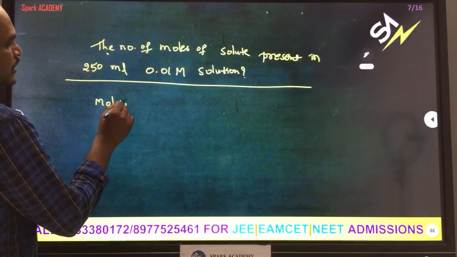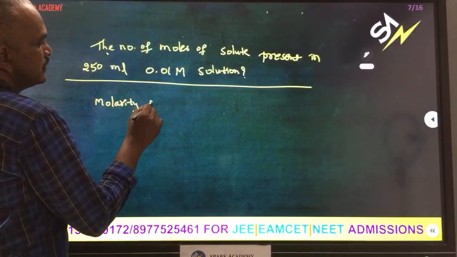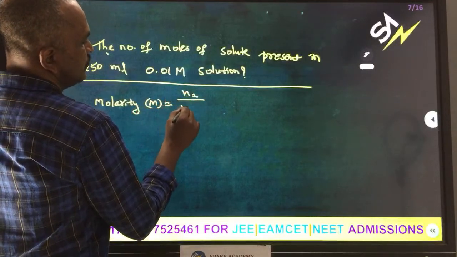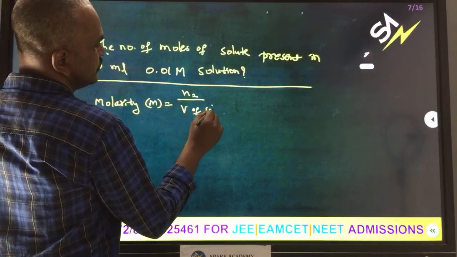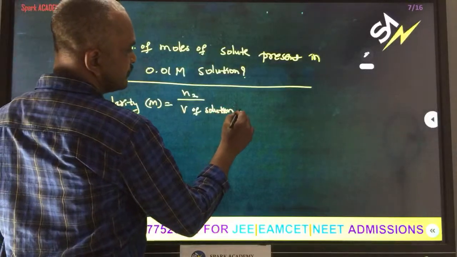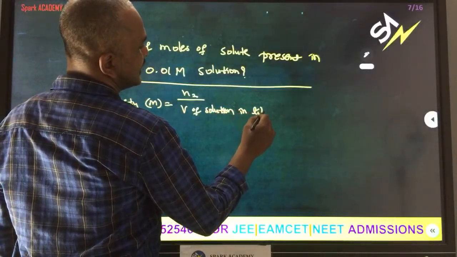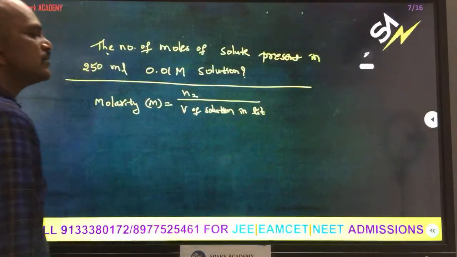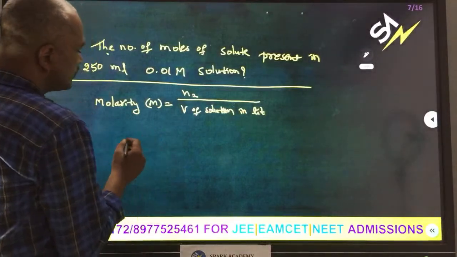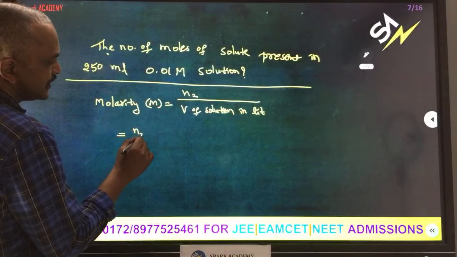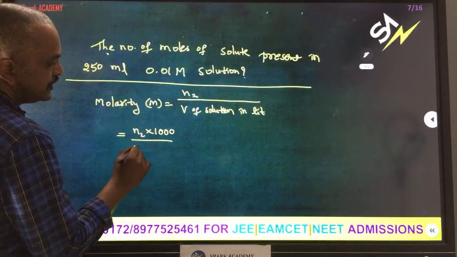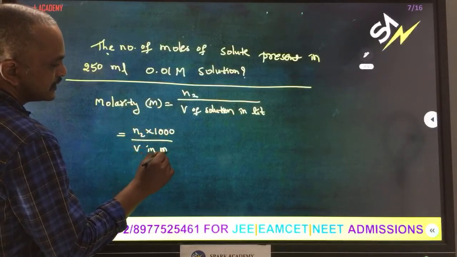Molarity, with capital M, equals the number of moles of solute by the volume of solution in liters. This is important. Normally while writing the formula, it is in liters itself. In milliliters, it comes as N2 into 1000 by V in milliliters.